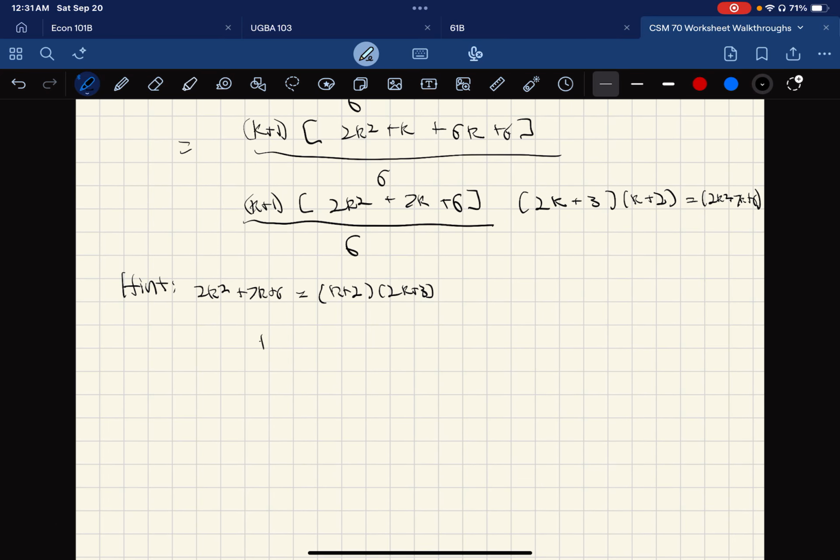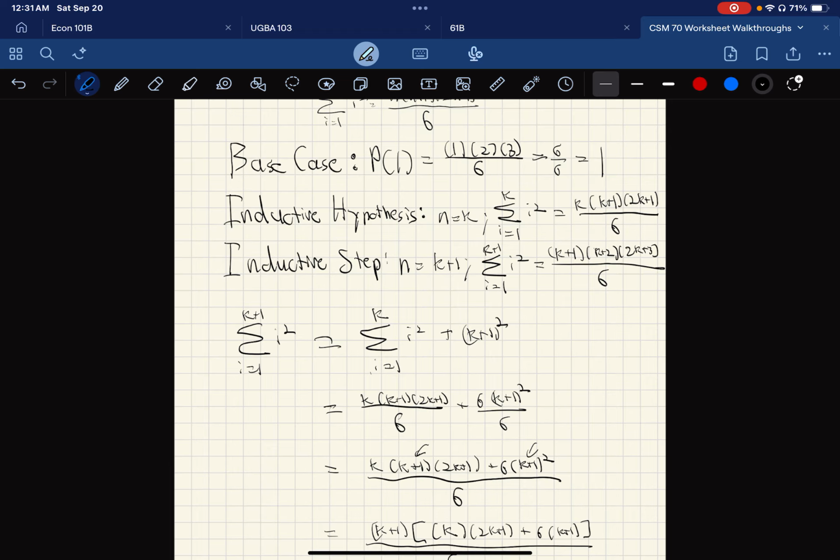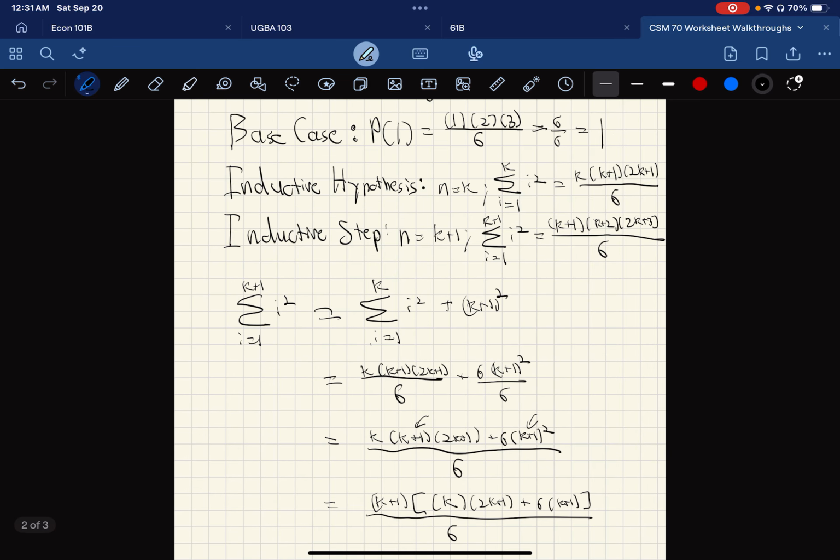Now we have k plus 1 times k plus 2 times 2k plus 3 over 6. We wanted to prove that the inductive step, the sum from 1 to k plus 1 of those squares, is k plus 1 times k plus 2 times 2k plus 3 over 6.